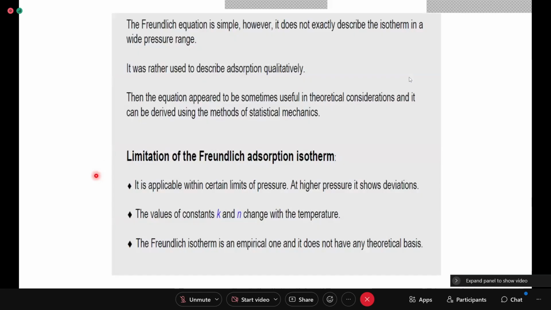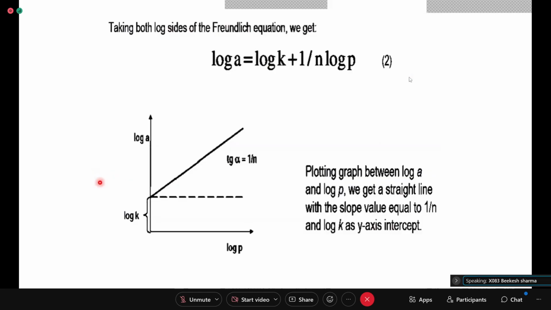Ma'am, I am asking that at any constant pressure and temperature, the value of X that can be adsorbed by the adsorbent may vary from 0 to maximum value. We can take that. See, I didn't get what you are saying because the voice is breaking. So please repeat your query. I am unable to solve your query.